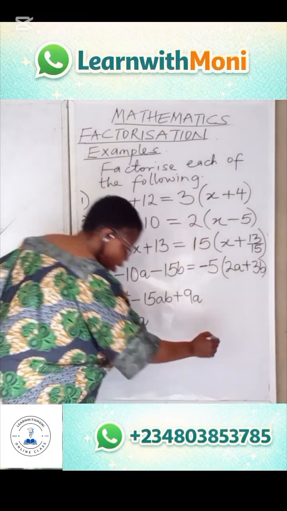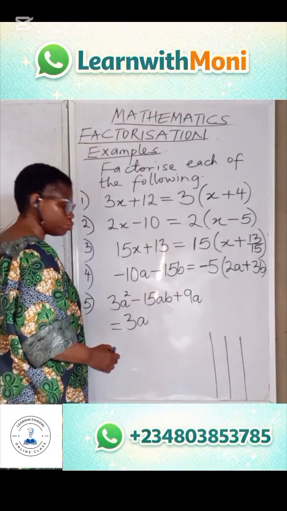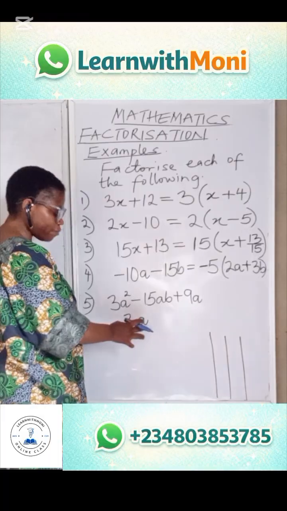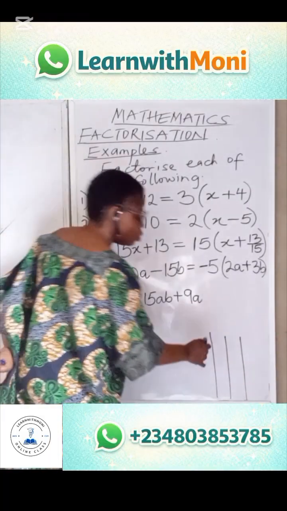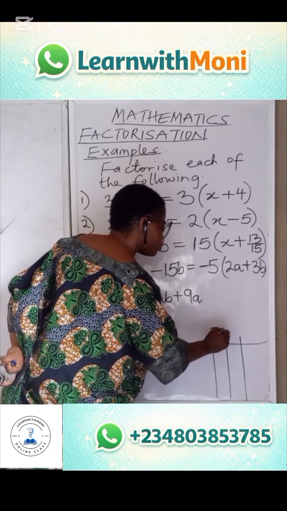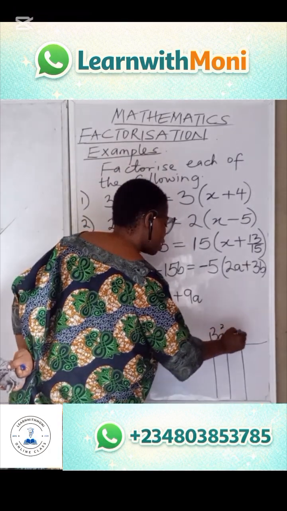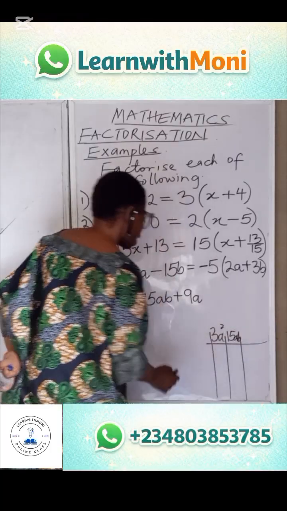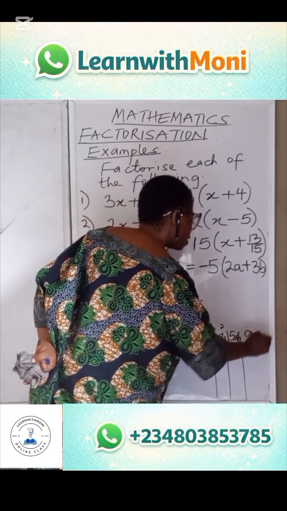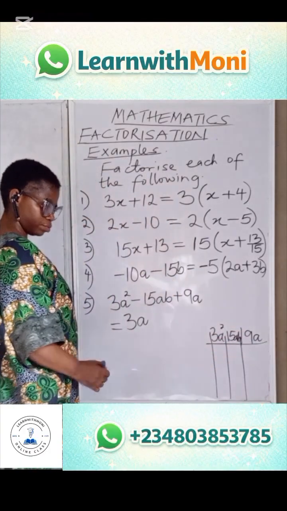Better still, you can find your HCF. It is not bad to use your HCF. I have found my highest common factor, but for your purpose as a beginner, you can find your HCF. Having 3a squared, 15ab, and 9a, I'm trying to find the highest common factor there.